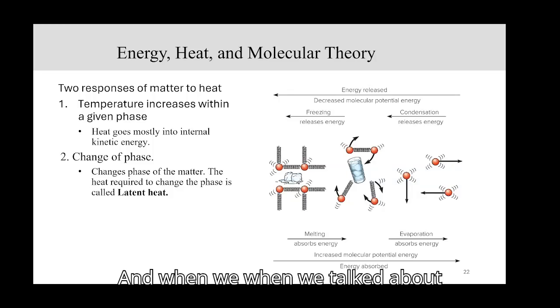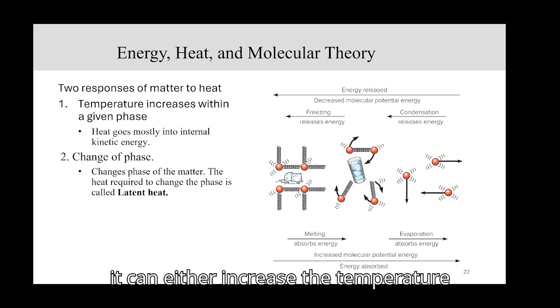And when we talked about heat, we said heat is the energy transfer, and there are two things that can happen when we supply heat energy to a system.